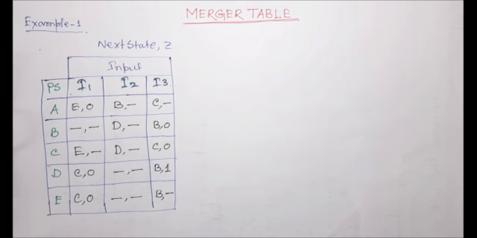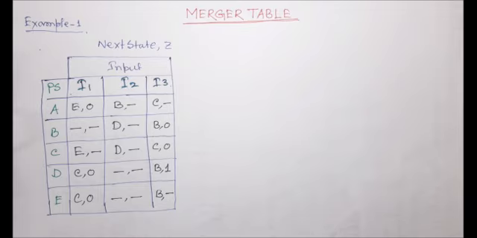Sometimes we are dealing with a machine with a large number of states, maybe 10 states or 15 states. When the number of states is large, it may be more convenient to record the compatible pairs and their implications in a merger table. Why?